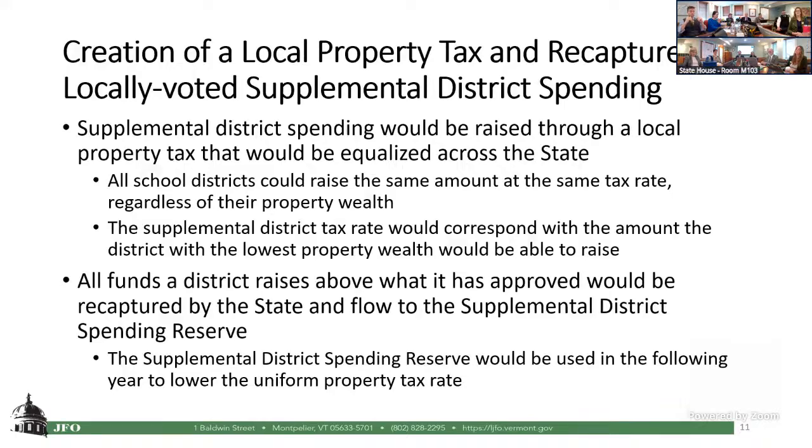Then, assuming the impact of that in terms of what property taxpayers are paying is greater in districts with higher grand list values, right? Like you're paying more to get access to supplemental spending. I would say it depends on how you look at the impact, right?